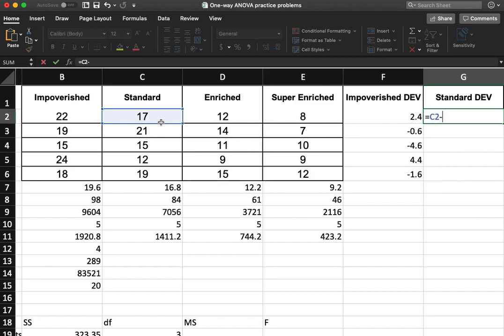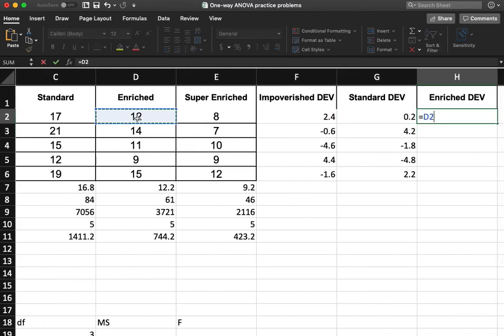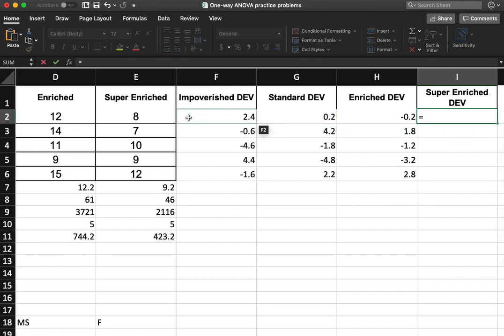To get those deviations, we'll subtract the mean, and you want it to be the same mean for each one of these scores. And for the enriched group, enriched score minus enriched mean, make it the same mean for each group. Copy on down. And for the super enriched, super enriched score minus super enriched mean, hold that mean constant, paste it on down.